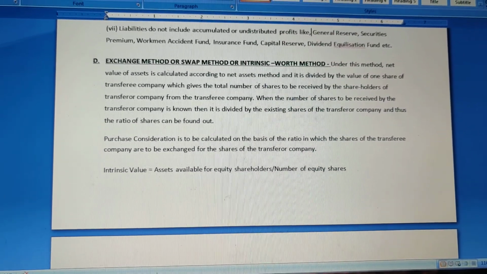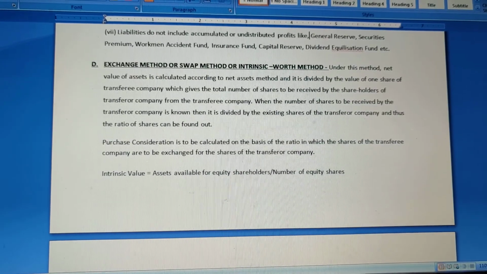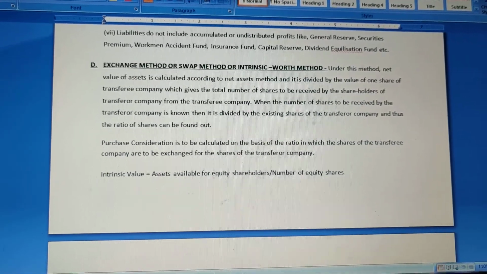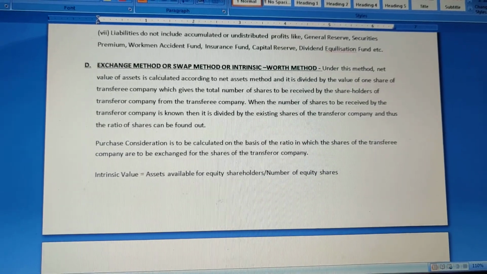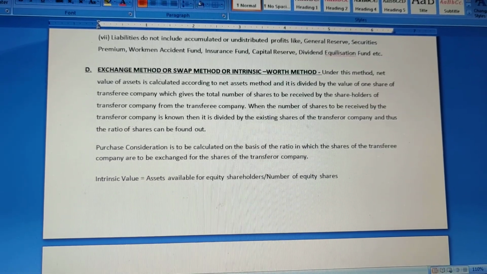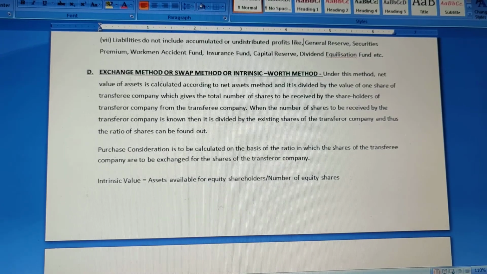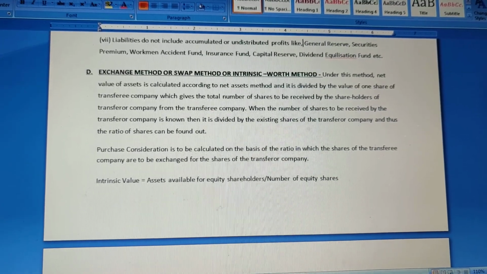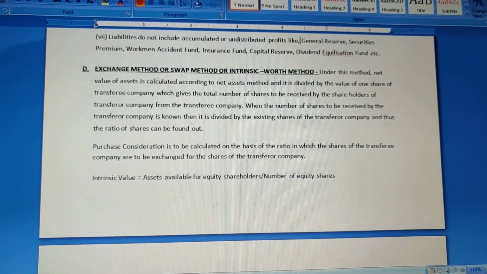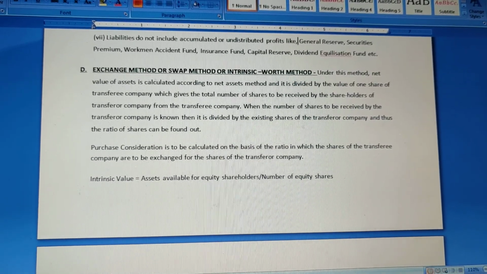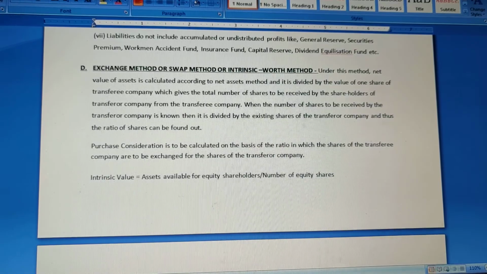The number of shares the transferee company will give to the transferor company you can calculate according to that formula. You just divide your net assets by the total number of shares, and you will get the intrinsic worth of 1 share, and then you can calculate how many shares the transferee company will give to the transferor company.